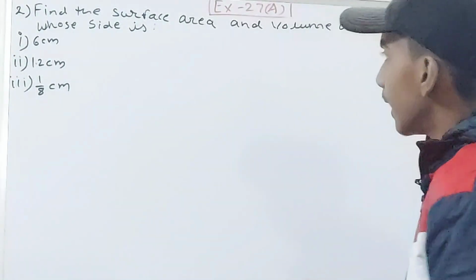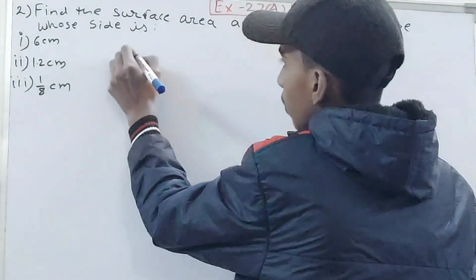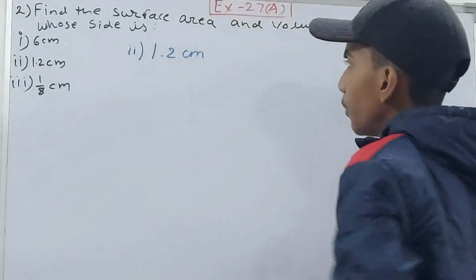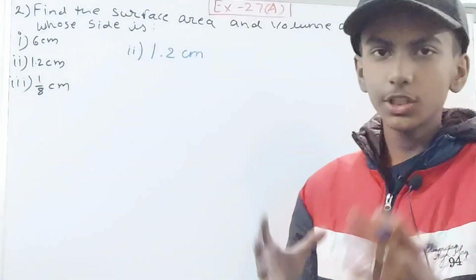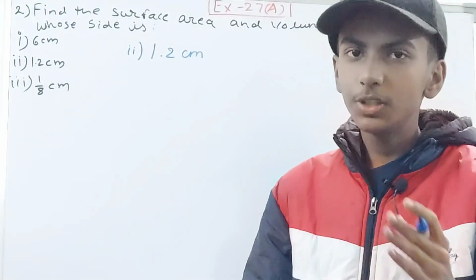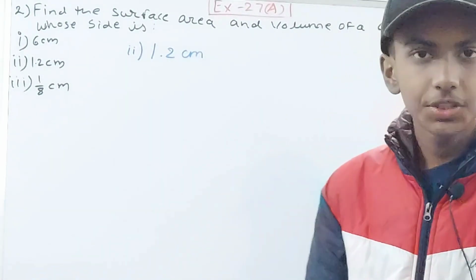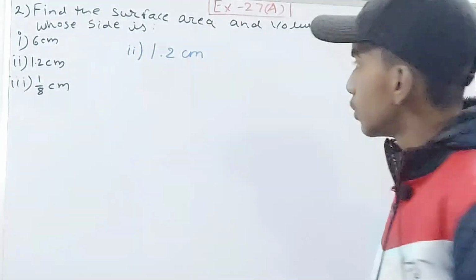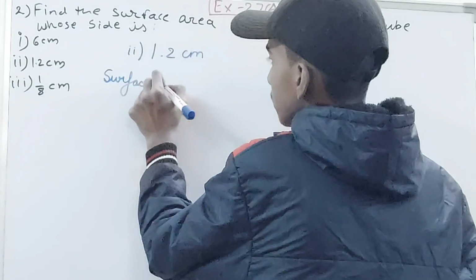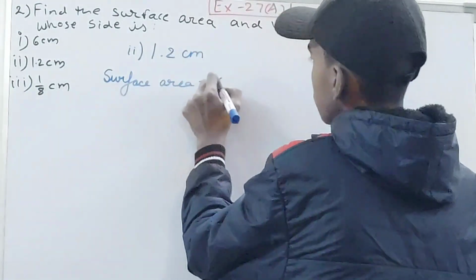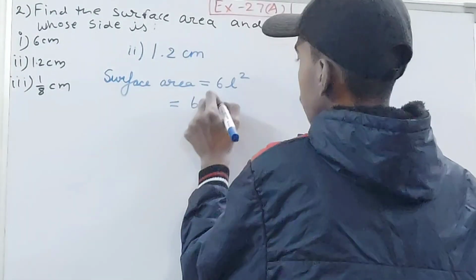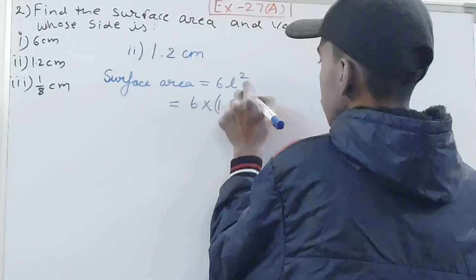Now next cube is of 1.2 centimeters. Just like the previous example I showed you, the Rubik's cube has 6 faces, area of each face L square, so the area of 6 faces is 6L square. Surface area is 6L square. Now calculate that: 6 into 1.2 squared.